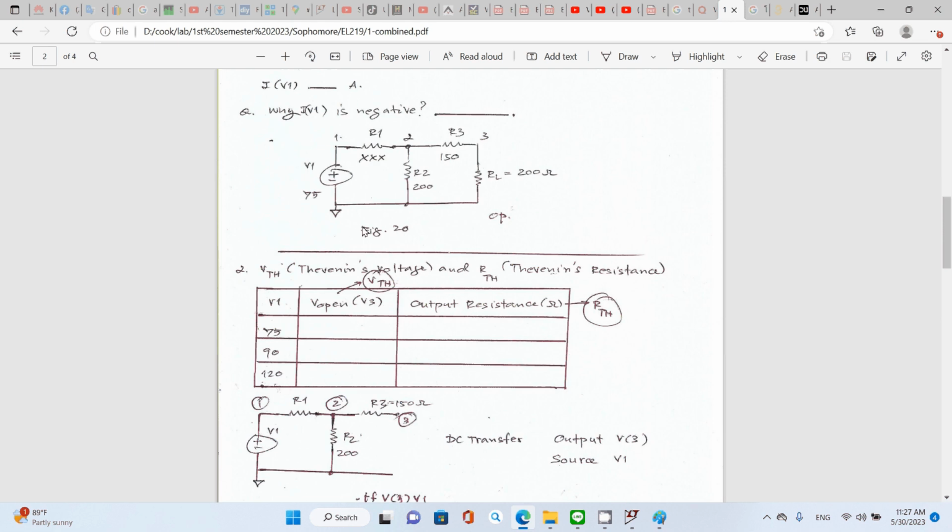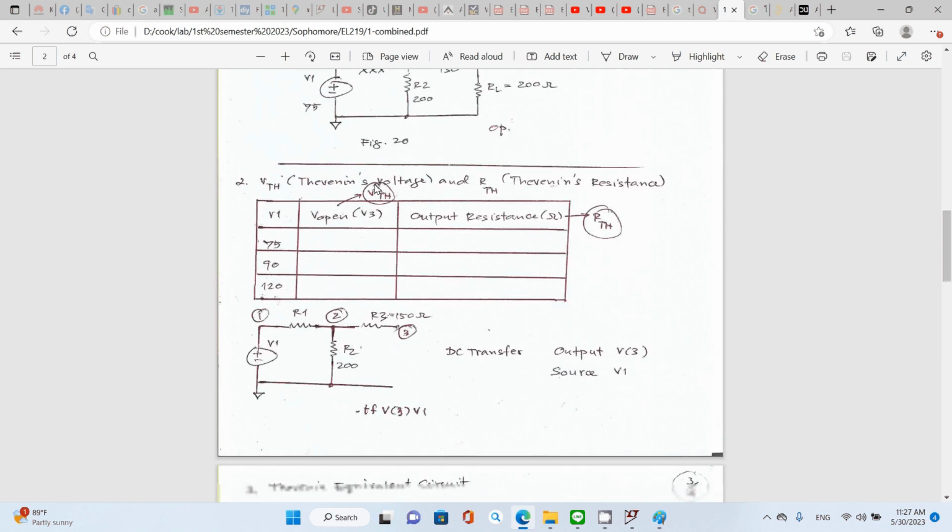So to make the circuit simple, you want to simplify the circuit to have only one supply voltage and one supply resistor.